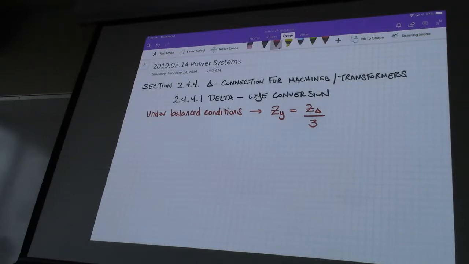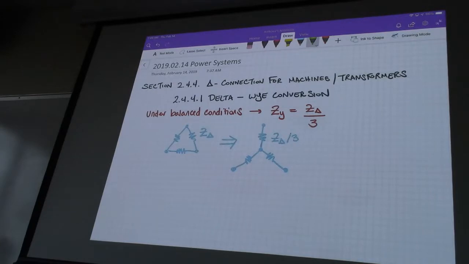So if we had something that looked like this, this would be our Z delta value. And if they're all the same, then our Y connected would look like this, where this would be labeled as Z delta divided by 3.